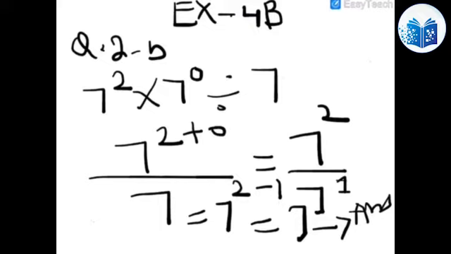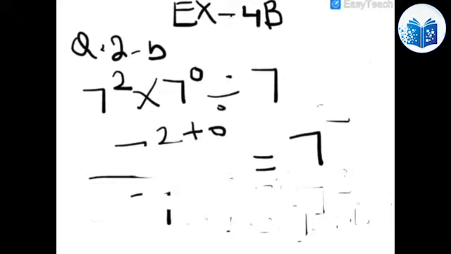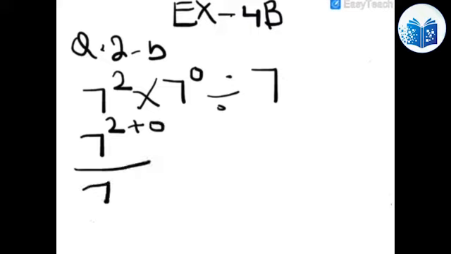Okay. If you're not clear, let me do it again. Again, there are 2 ways to do it. You can use the 0 law, and you can simply cut the indices later on. How will we do that? 7 power 2 plus 0 over 7 will become 7 power 2 over 7.